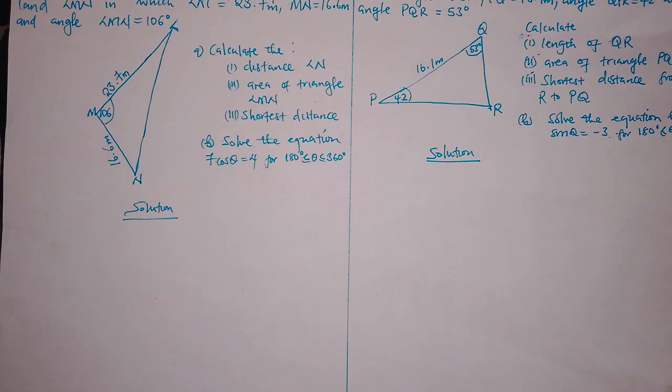A scalene triangle is a triangle in which all the sides are not equal. Whenever you hear scalene, just remember that this is a triangle which has all the sides not equal to each other.